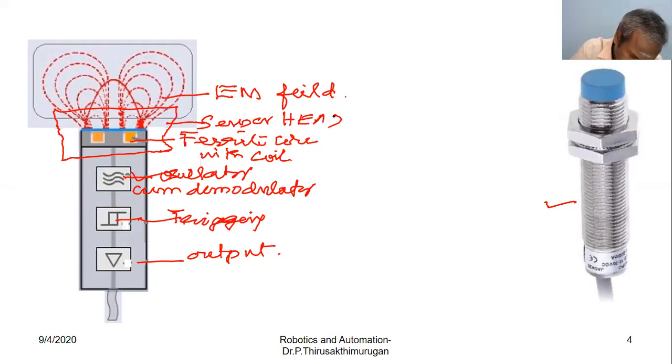So in the proximity sensor, whether inductive or capacitive, the various parts are the sensor head, then the oscillator stage, then the triggering stage, and the output stage. These are all common. So here you see, the object.